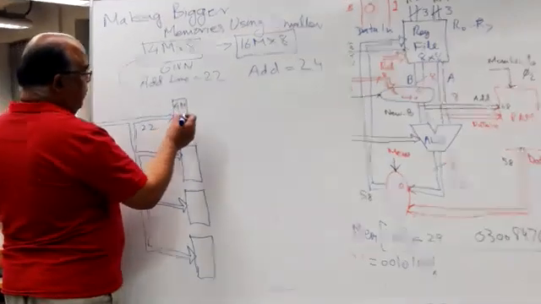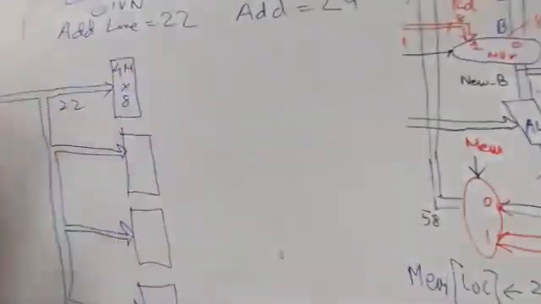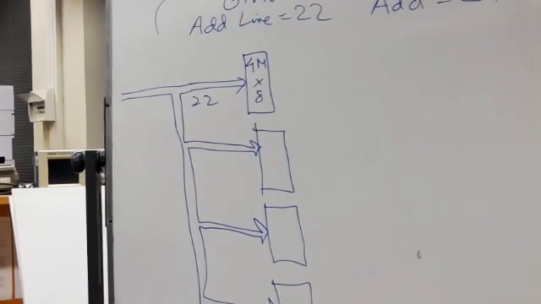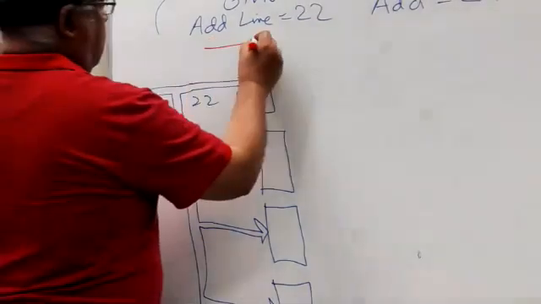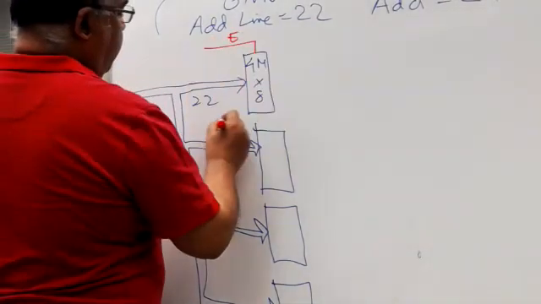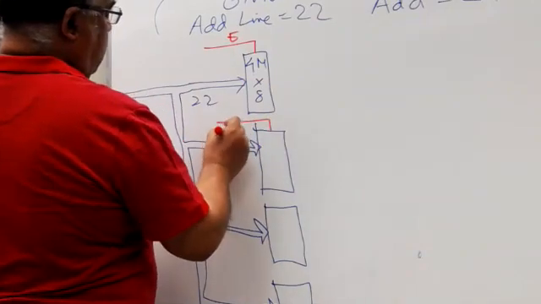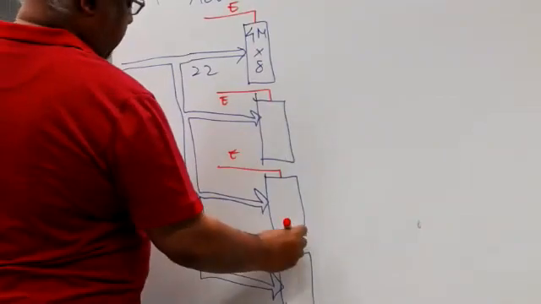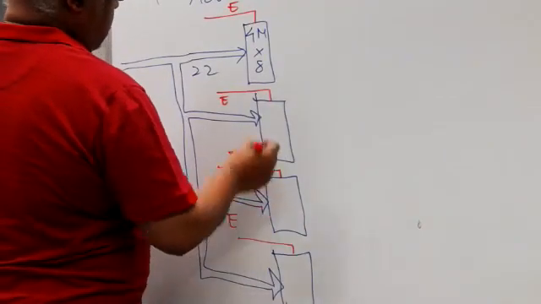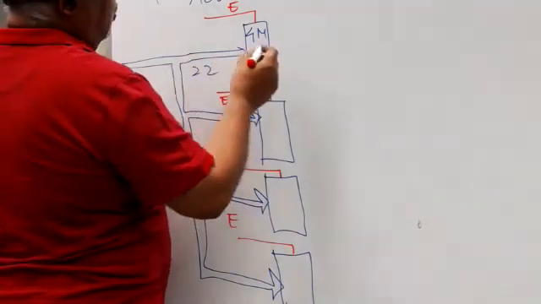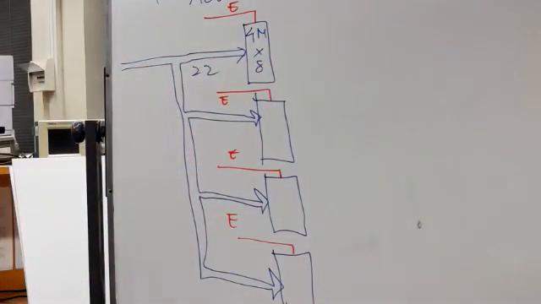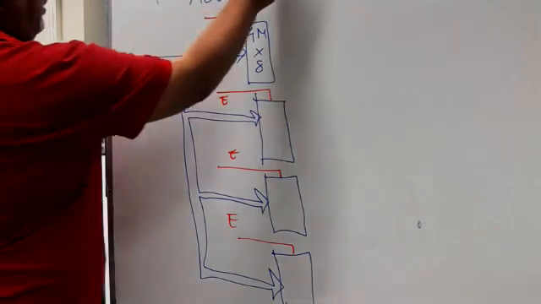So this is the memory array. This will have an enable signal. This will have its own enable signal. This will have its own enable signal. And this will have its own enable signal. So this has its own data bus multiplied by 8.